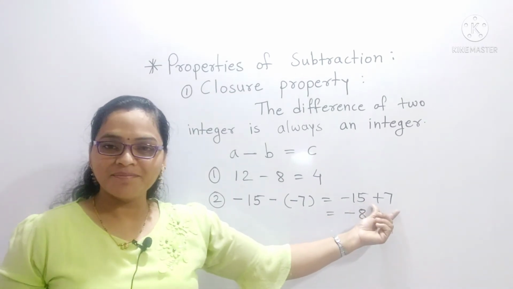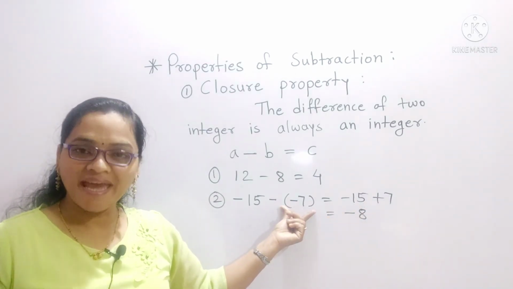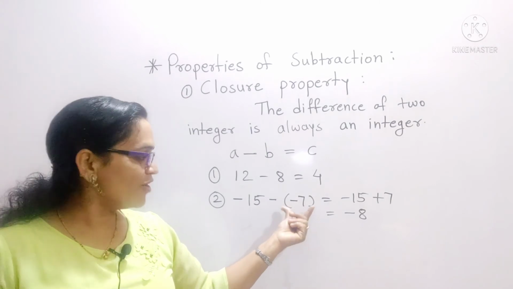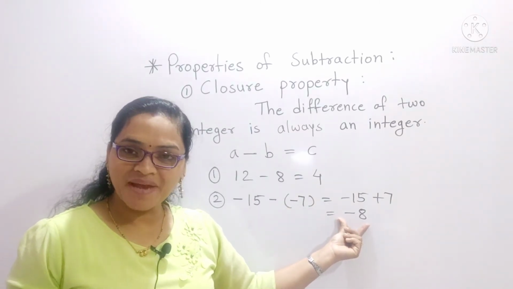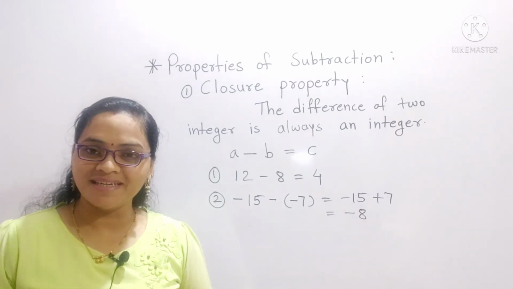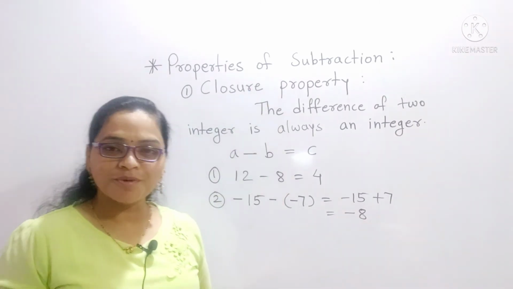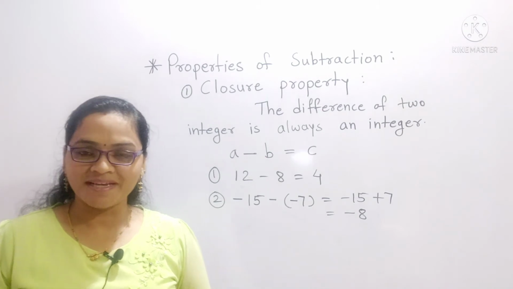We know why here it is plus 7, because we have to add the additive inverse of b, means here minus 7. So the difference is minus 8, which is also an integer, and this is the closure property of integers over subtraction.